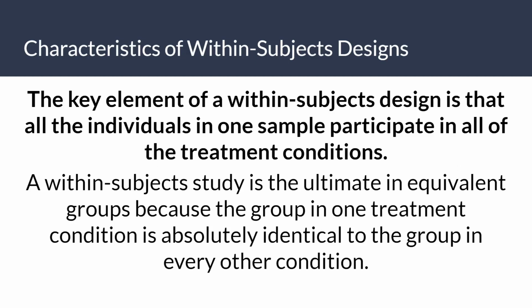Because technically, that is the ultimate way, or the best way, to match participants. In other words, the best way to match groups is to reuse your participants. You don't have to worry about matching anymore because by using the same participants, you are already matching. So that's one advantage of a within subjects design.